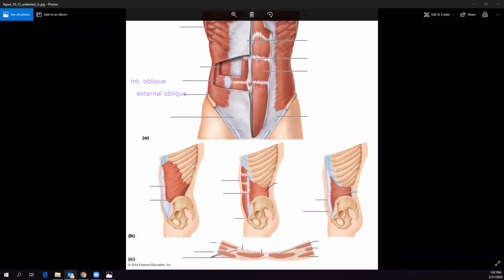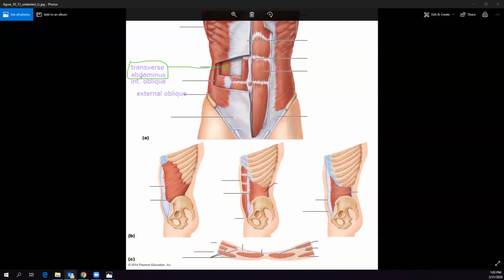That's this layer, and you can see how those muscle fibers run up towards the sternum. And then this layer right here is the transverse abdominis. Transverse abdominis goes with that leader line right there, that innermost layer.